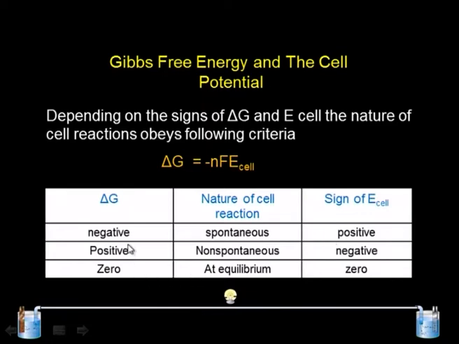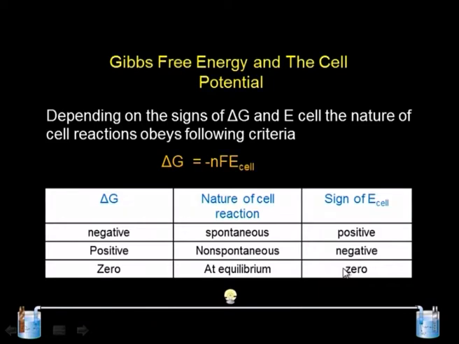If delta G for the reaction is positive, the nature of the cell reaction will be non-spontaneous and the sign of E_cell will be negative. If delta G is 0, the nature of the cell reaction will be at equilibrium and the sign of E_cell will be 0.